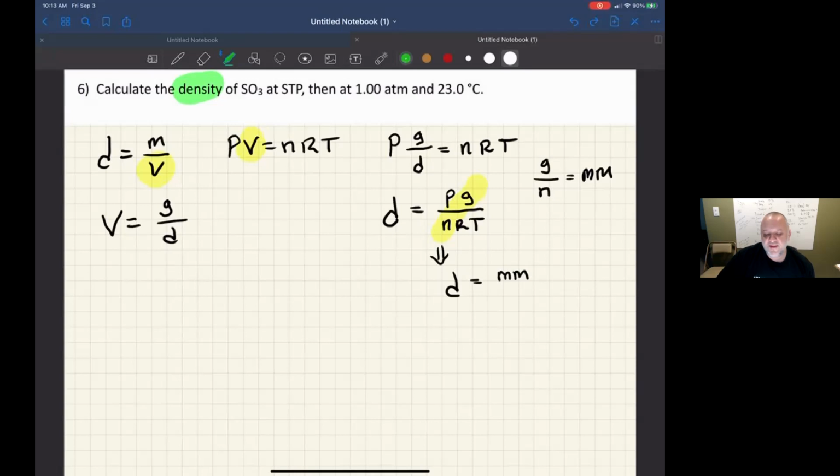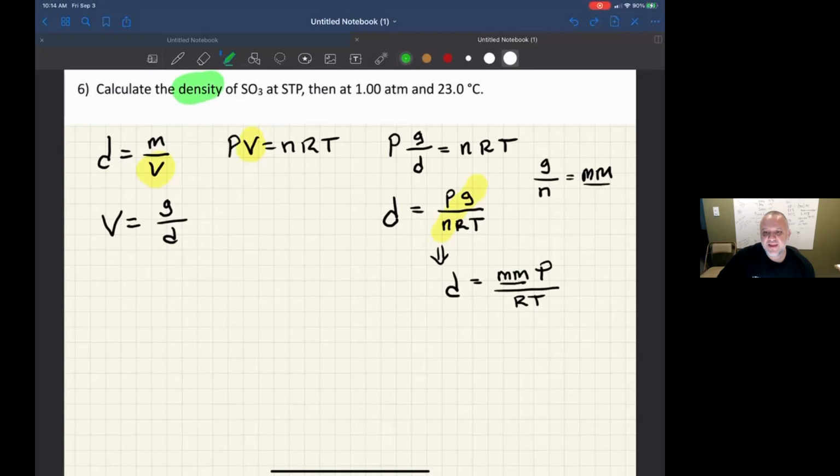So now I have a formula that says density equals molar mass times pressure divided by R times T. There's a lot of algebra going on there and a lot of familiarity with the chemical concepts in order to get to this point where you have a formula for density involving molar mass.